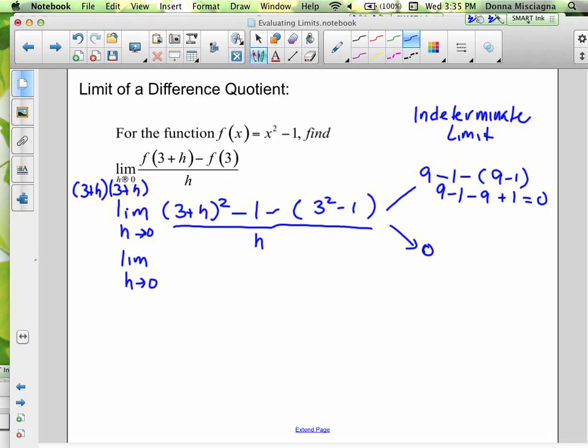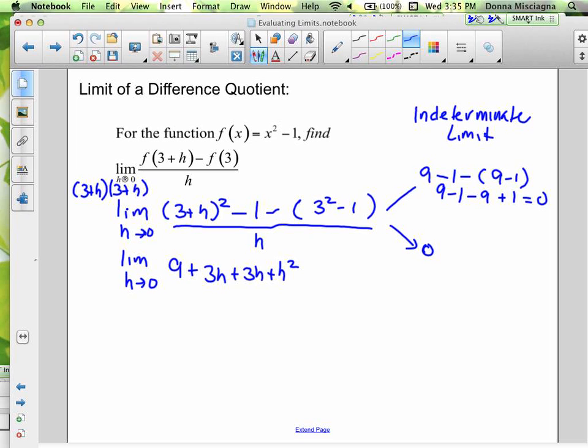If I multiply the first terms, that's just going to be 9. If I multiply the outside terms, it's going to be a 3h. If I multiply the inside terms, that's going to be a 3h. And the last two terms would be an h squared.